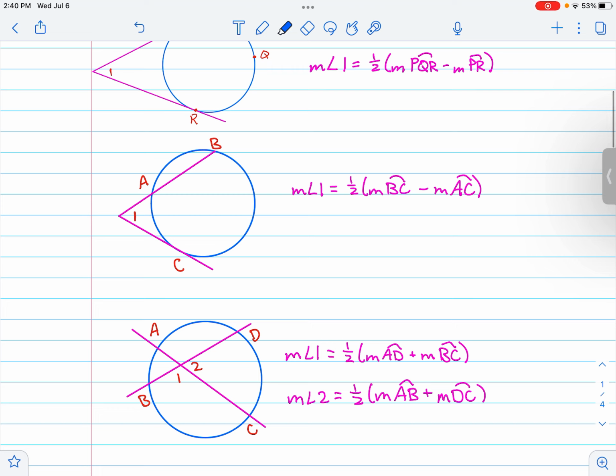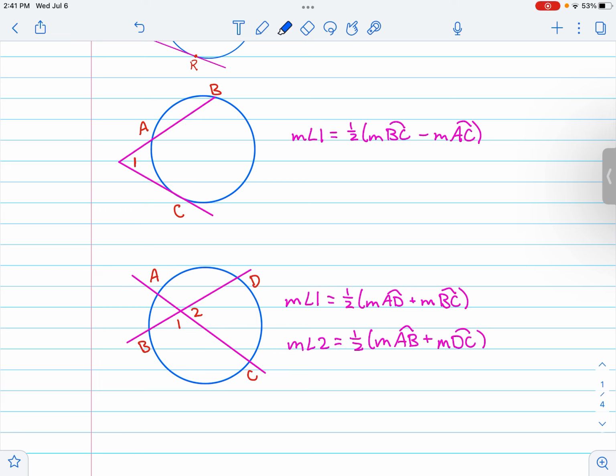Now this next one looks different, where we have vertical angles. Let's suppose we've got an intersection inside a circle and it forms 4 angles, and we want to find angle 1. Notice this one and this one make vertical angles.